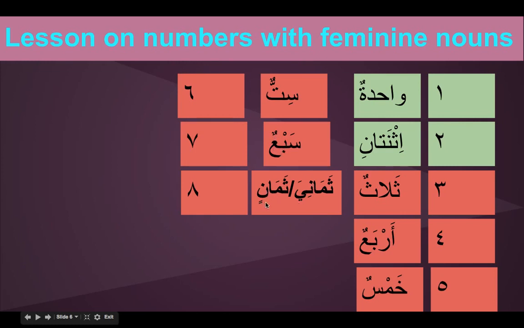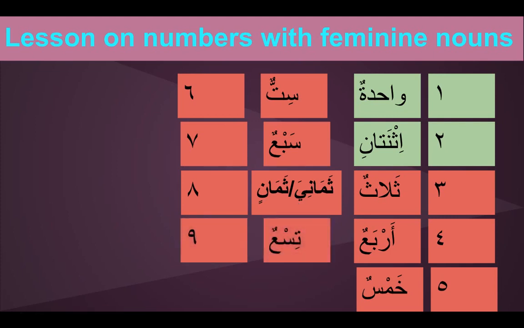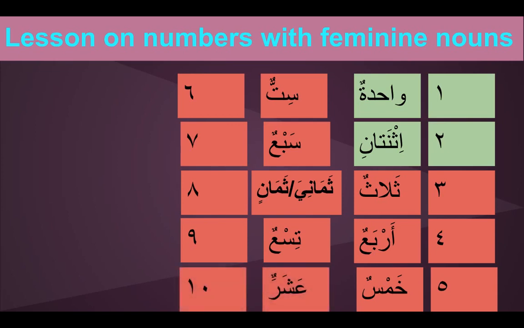Thamanin is on its own, and when it becomes mudaf, we will write it as thamaniya. At the moment we will just understand this, and later on we will know how these nouns are constructed, inshallah. So thamaniya or thamanin is 8, tis'un is 9, and asharun is 10. These are the masculine numbers used with feminine nouns.